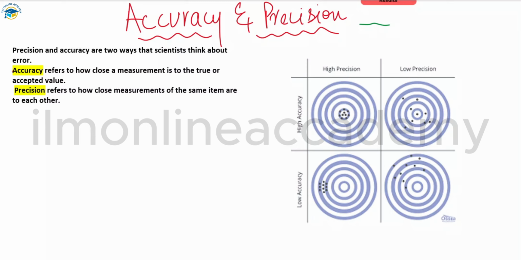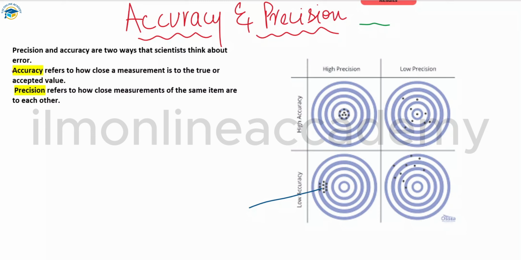Here you can see that if he hits here, this is not accurate but this one is precise. A precise player will hit the ball to the same spot repeatedly, irrespective of whether he scores or not. A precise and accurate player will not only aim at a single spot but also score the goal.